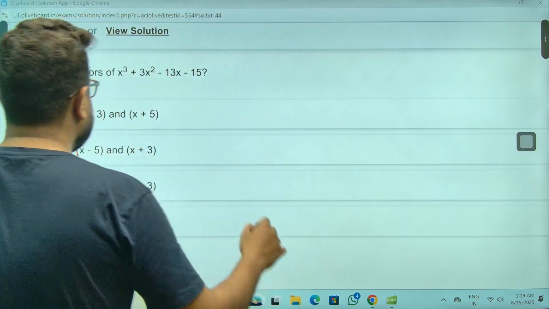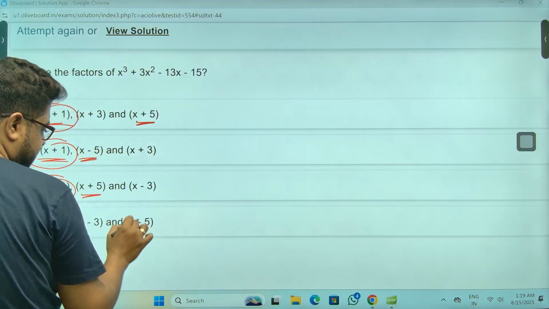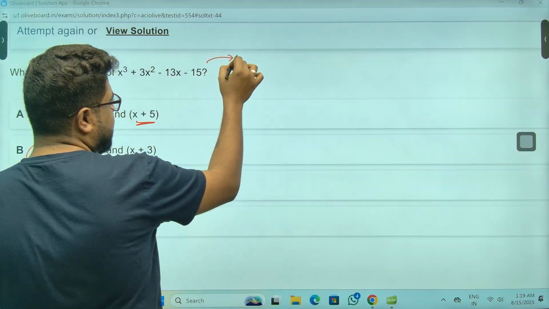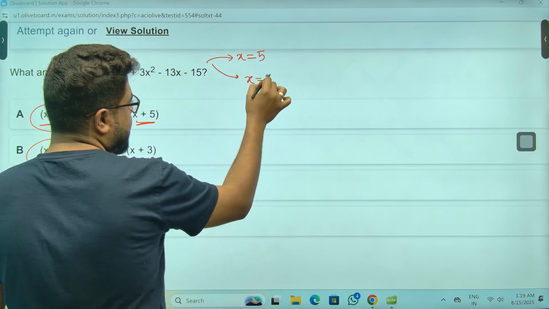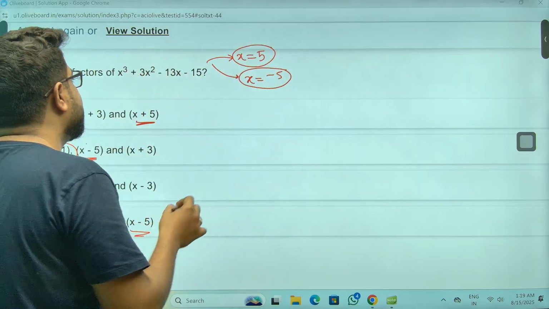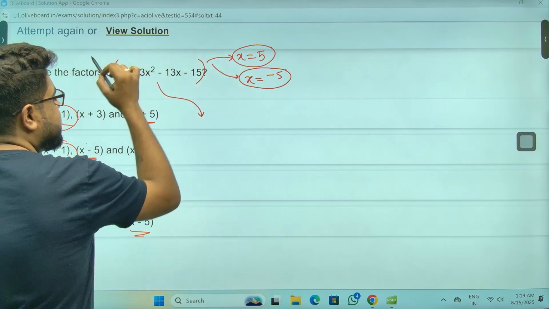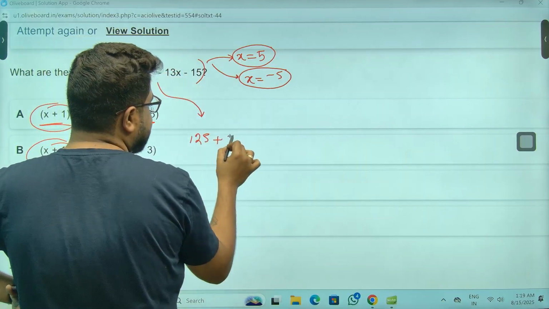Now you are left with, sir, either plus 5 or minus 5. Now if it is minus 5, that means I'll put x equal to 5 or I'll put x equal to minus 5. I'll see which one gives me 0. Let's try and see. Sir, if I put x equal to 5, this is 125 plus 25 and this 75.